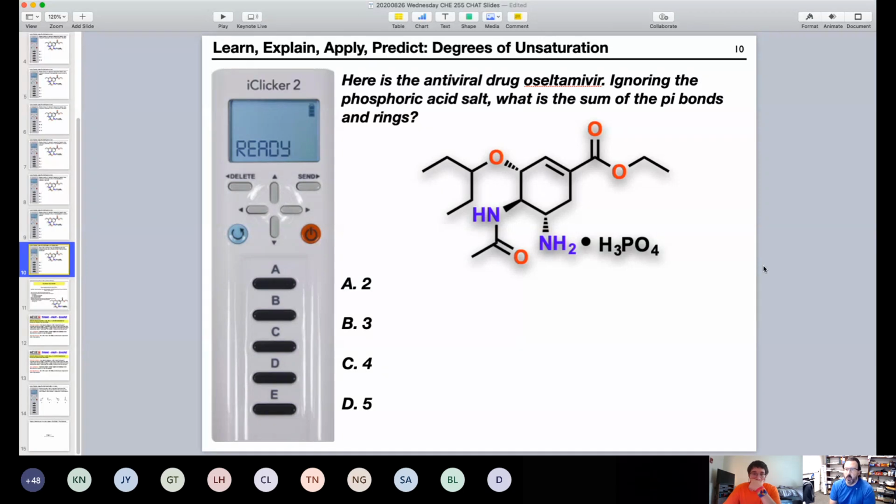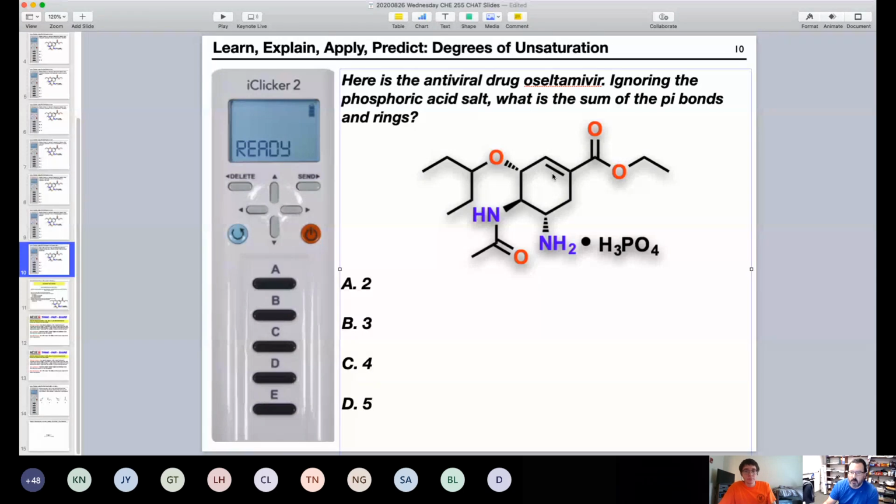Of those 4, how many are pi bonds? There's 3, right? How many different types of pi bonds do you see? So yeah, there's 2.